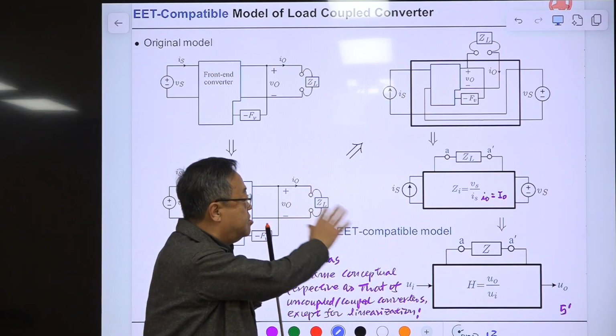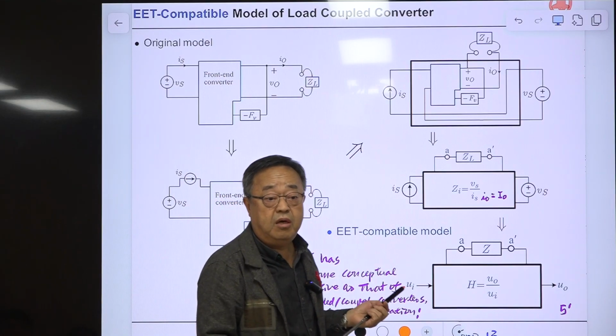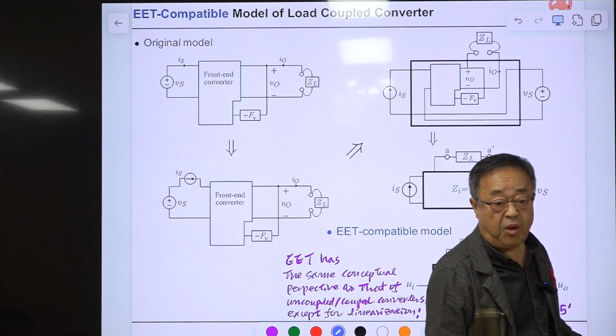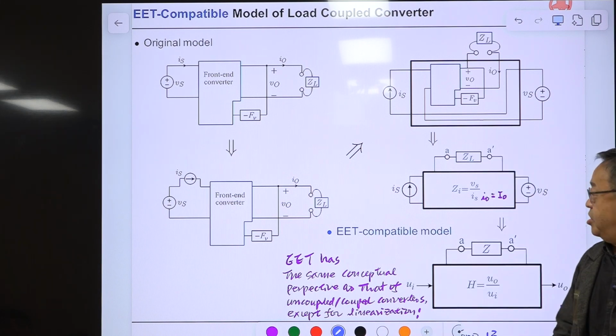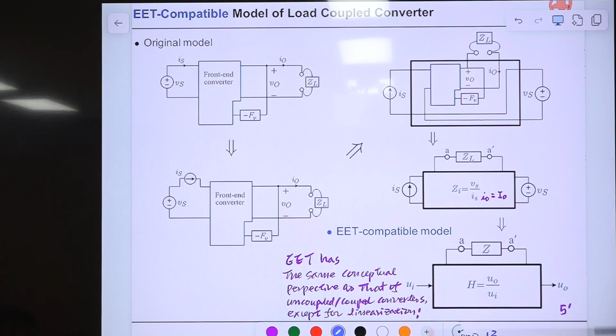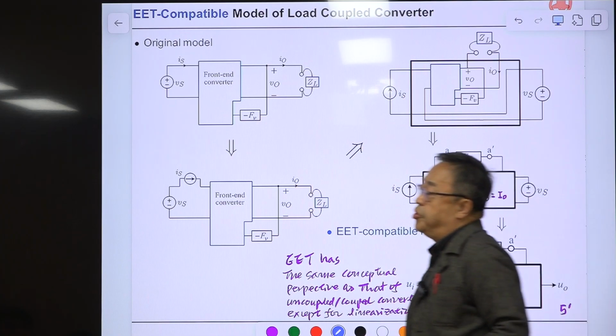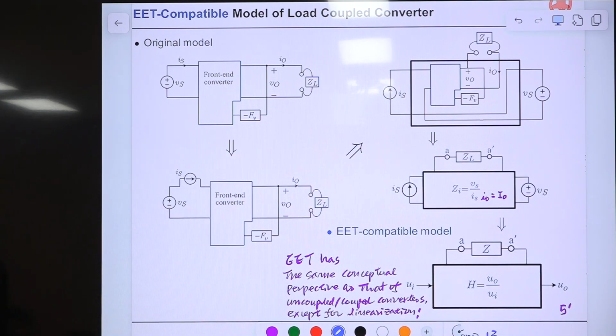This approach is only valid for our case in the vicinity of the steady state operating point of our converter. But in this original form, this is valid regardless of the magnitude and the nature of input and output variables, because this is valid for any linear time invariant system. So this will be the inference of your understanding about the EET. EET is not something strange, something weird.